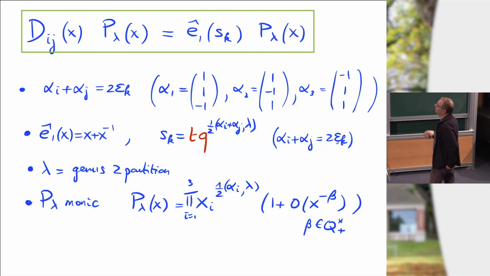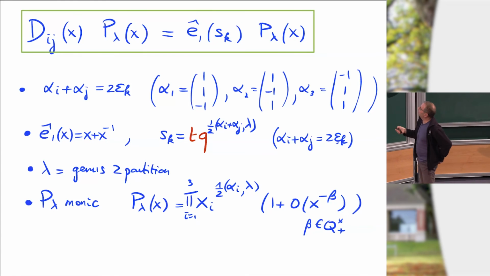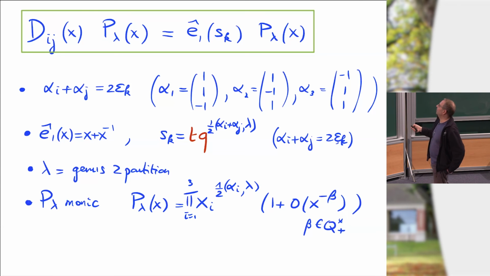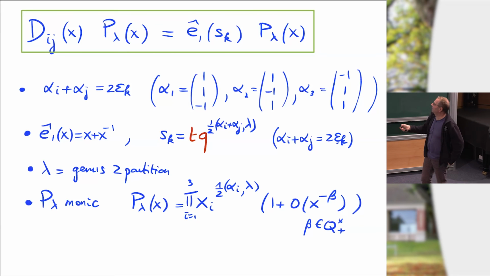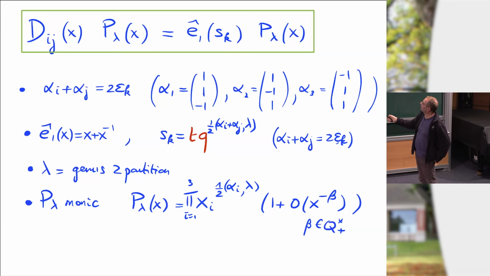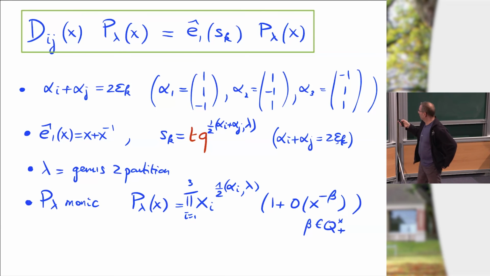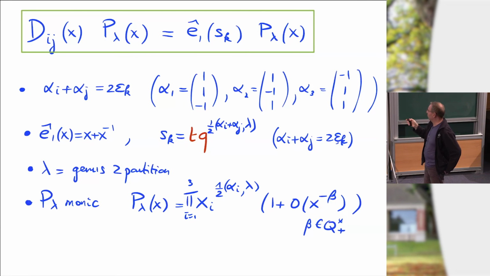It's just to write something complicated, whereas it's simple. Okay, and so genus 2 partition, I gave a definition before. And so now the P lambdas, we can decide they're monic. And so we know exactly what the leading term should look like, right, with this condition of positivity. And that's the leading term. And then there's an expansion in negative roots, again, with my definition of roots. Okay, and it's finite, of course, because it's a polynomial.